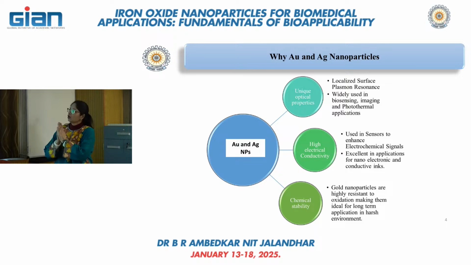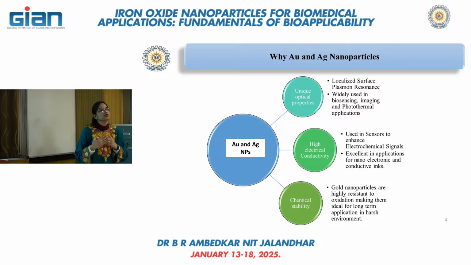These have localized surface plasmon resonance. Because of surface plasmon resonance, which is a resonance occurring, they have unique optical properties. When the size changes, the color of the nanoparticle suspension also changes. That is because of the surface plasmon resonance.